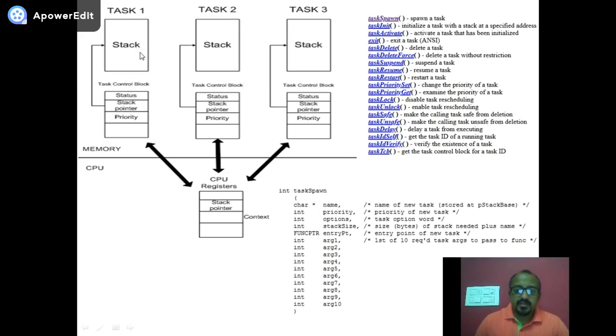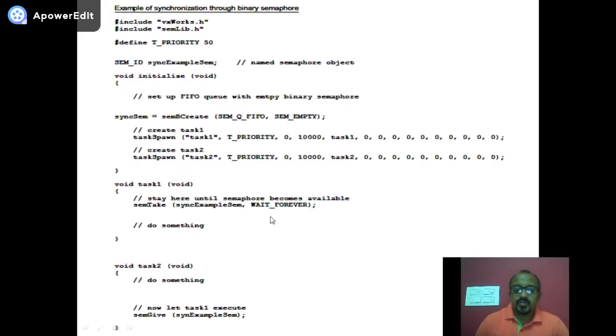When you create a task, separate stack, data and memory are allocated to it. So when you use the operating system, I will show you one sample program which is written for the VxWorks operating system. It's a real-time operating system. Look at here, within a main program only, two tasks are created with the key, task spawn, where I'm pointing the cursor.